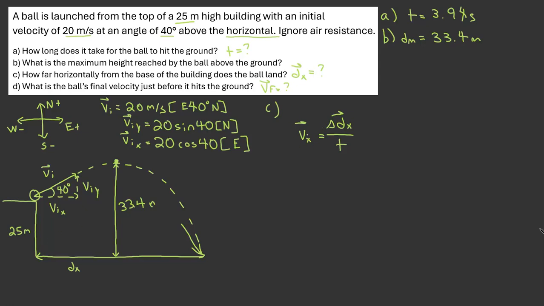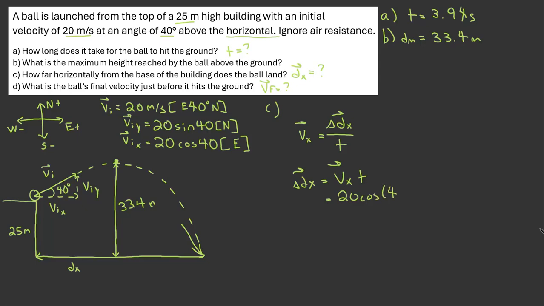as well as this Vx, which I've already put here, and rearrange my equation and solve for that delta x. Upon rearranging, I get that my displacement in the x is equal to v of x times my time. Okay? So when I put that in, I'll have 20 cos 40.